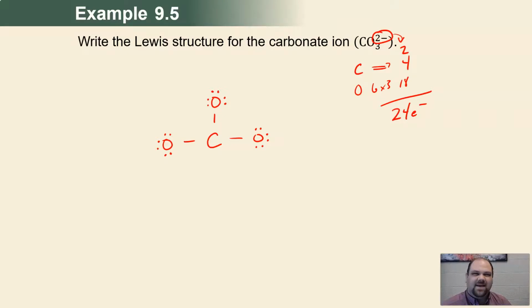We run into the same situation that we had with nitric acid. We've used all of our electrons, but the carbon, that central atom, doesn't have a full octet. What are we going to do? Well, we're going to have to do the same thing. Take a pair of electrons from one of the peripheral atoms, one of those oxygens, push it in to form a double bond. Now, all of these oxygens look exactly the same, so it really doesn't matter which one you take it from.